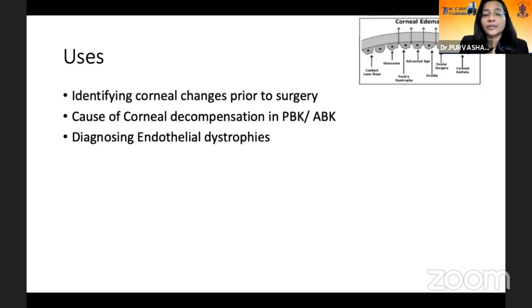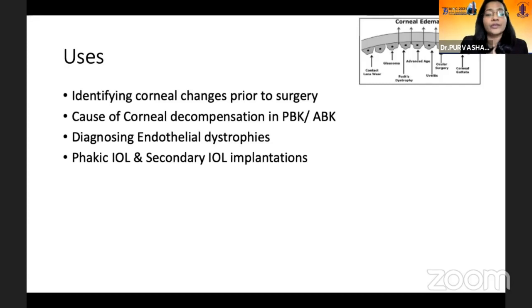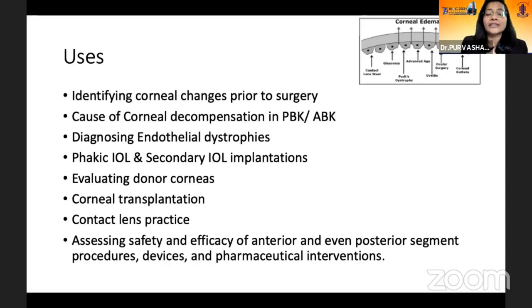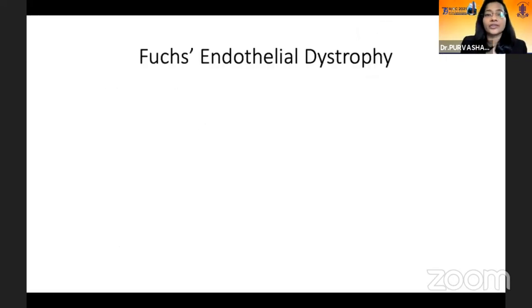It is used for diagnosing endothelial dystrophies like Fuchs or posterior polymorphous dystrophies, before implanting phakic IOLs or secondary IOLs, for evaluating donor corneas based on the specular microscopy of the eye banks for corneal transplantations, and evaluating tissues, in contact lens practice, and assessing safety and efficacy of anterior and even posterior segment procedures, devices, and pharmaceutical interventions. So basically, also before any research is undertaken.